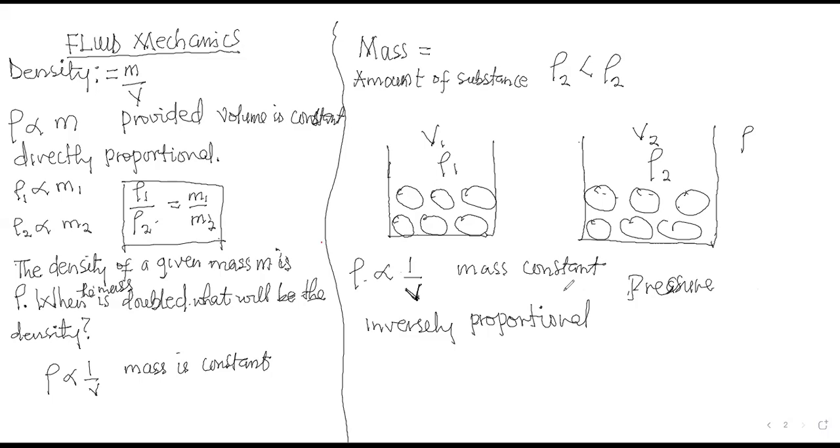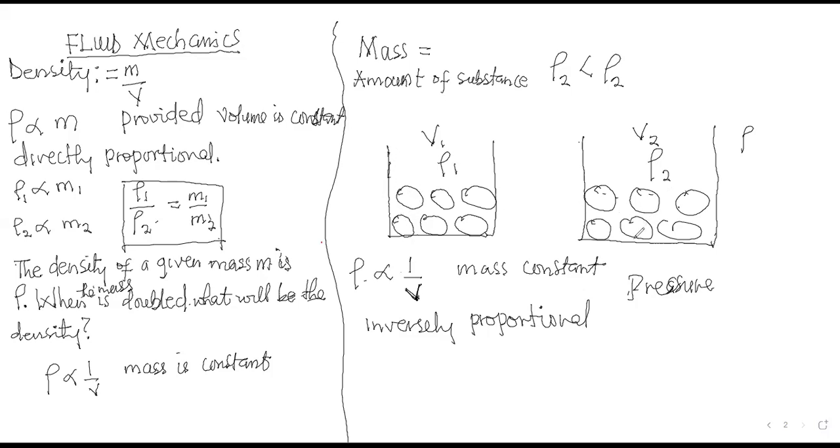Sir, please, I have a question. Okay, ask. Sir, what's the constant value for mass and what's the constant value for volume if pressure and mass are directly proportional? Frank, what I mean by mass being constant is that you should give the two different volumes the same mass.